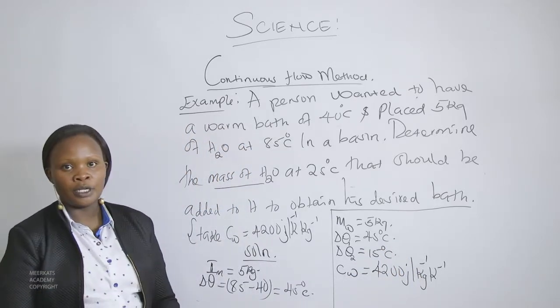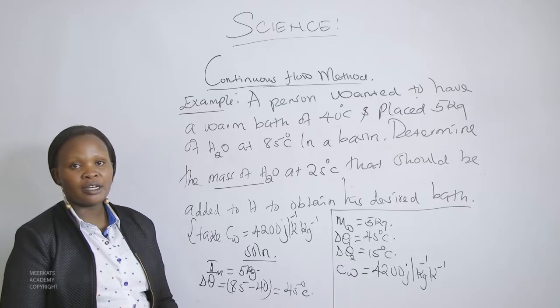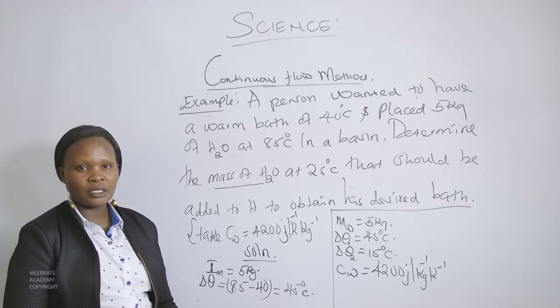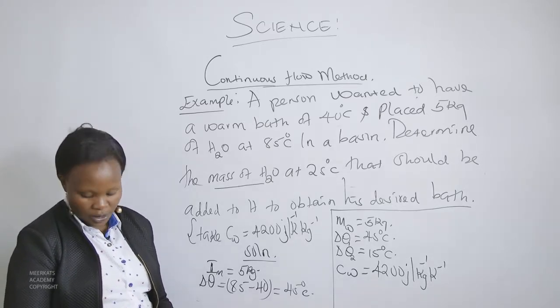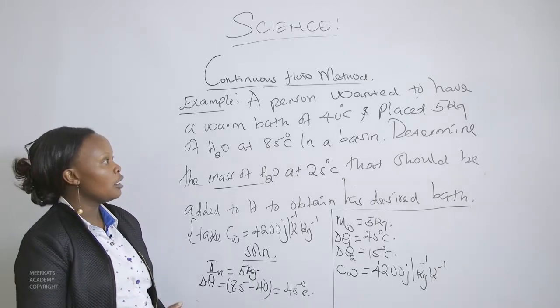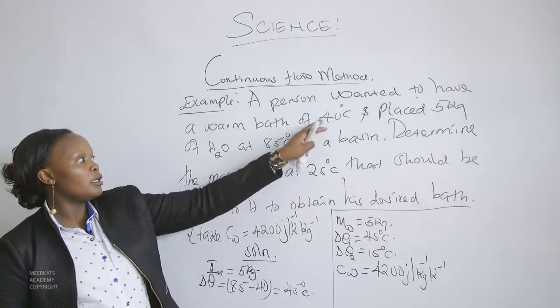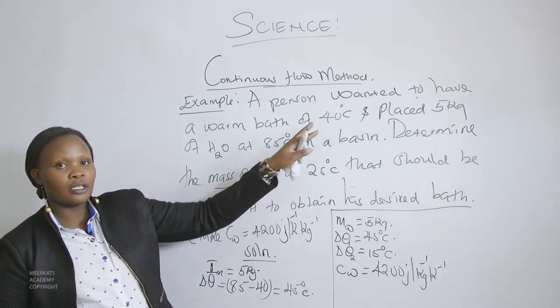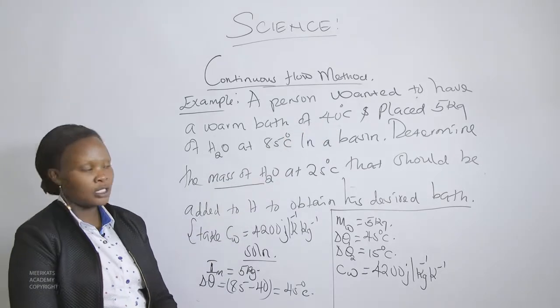Here we have 5 kgs of water changing its temperature from 85 degrees centigrade to the desired 40.